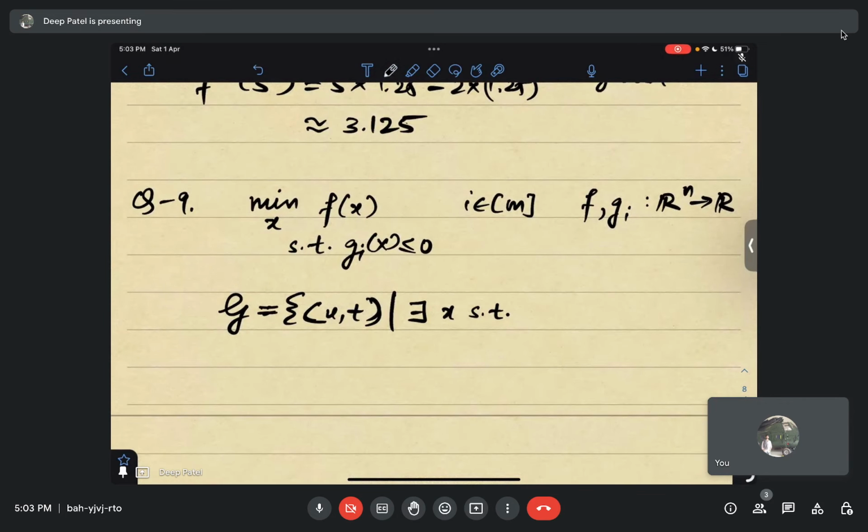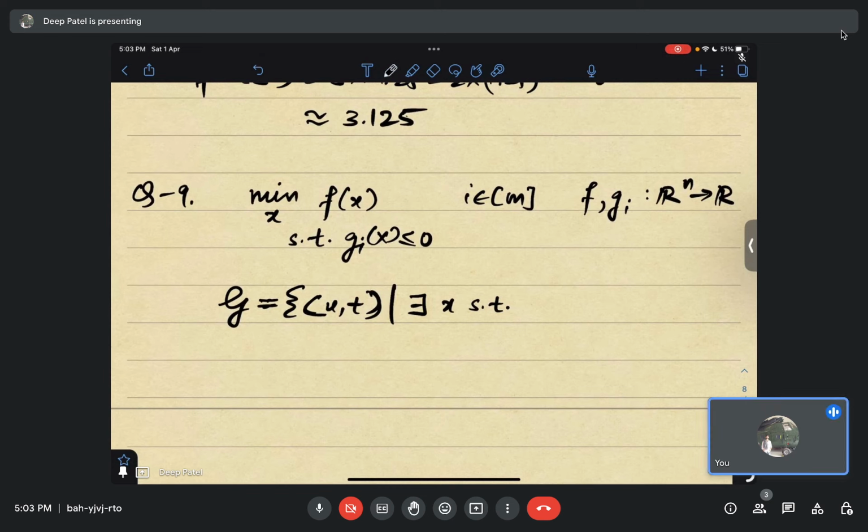Get it. Okay, so question 9, what we have is our usual optimization problem: minimize f(x) such that there are some m constraints.